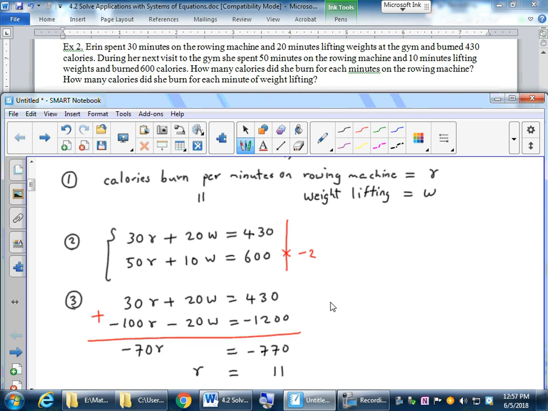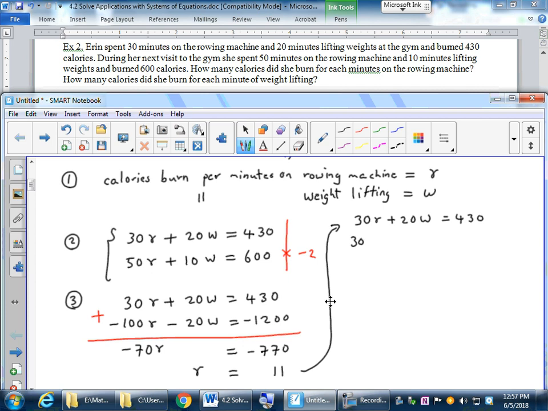So now we got 11 calorie burns for each minute on the rolling machines, but we also need to know the weightlifting. So therefore, substituting this result into one of the equations, so I will choose the first equation, 30R plus 20W equal to 430.